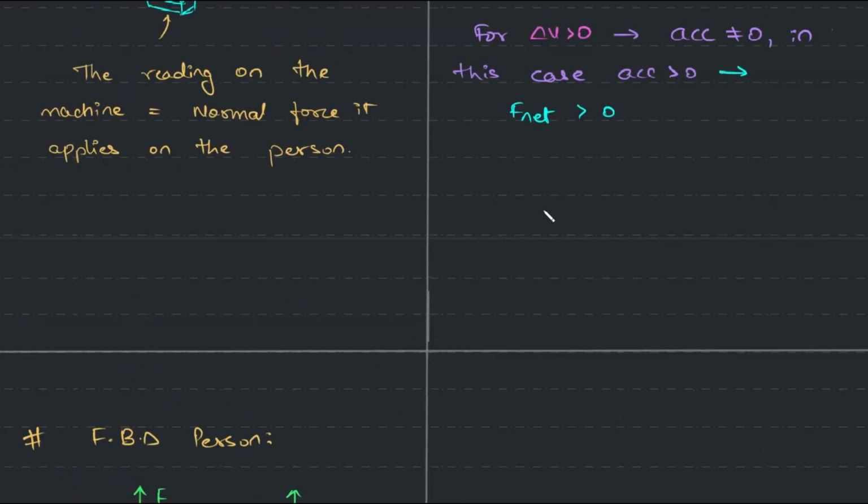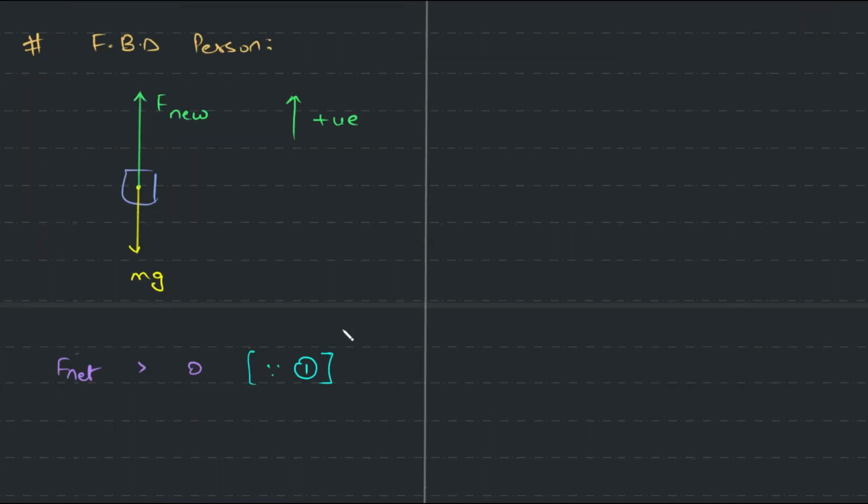This is the basic conclusion that we had. We know this. Now, when I substitute F net, F N minus mg has to be greater than 0. So F N should be greater than mg. Do you guys agree? But how much more, that I'll show it to you guys.